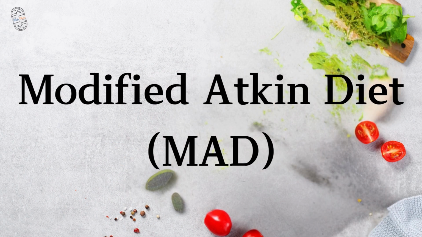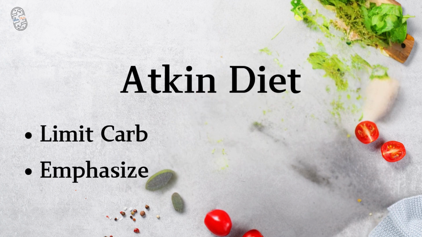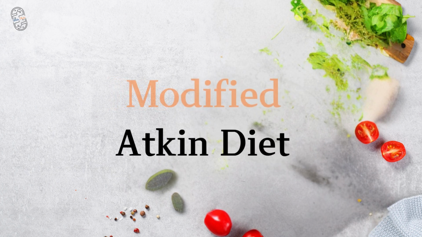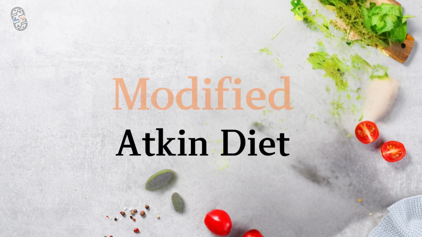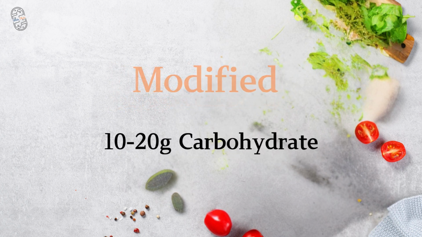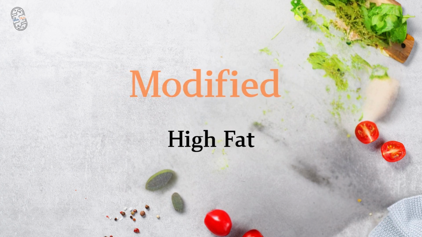The modified Atkins diet is another variation. It is a mix between the classic keto and Atkins diet. The Atkins diet is a diet that limits carbohydrate eating, but focuses on higher fats and protein. The term modified here refers to a lower carbohydrate limit of 10 to 20 grams per day compared to the original Atkins recommendations, and has an emphasis on high-fat foods as is required on a ketogenic diet.